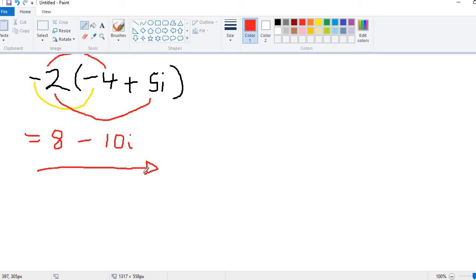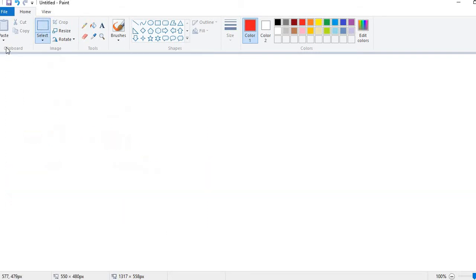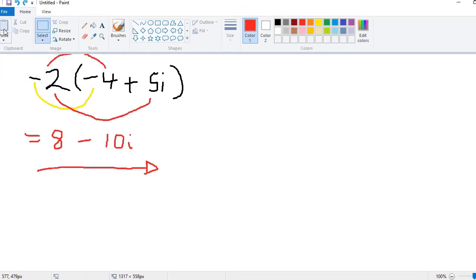So now let's look at another example. And if you check here, we're gonna see that in another example. I'm gonna explain there in another example.